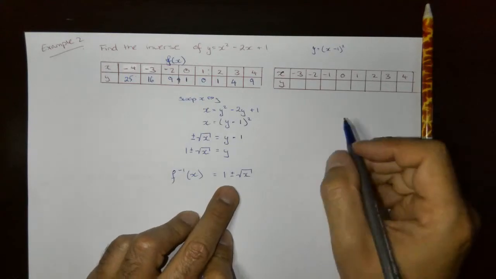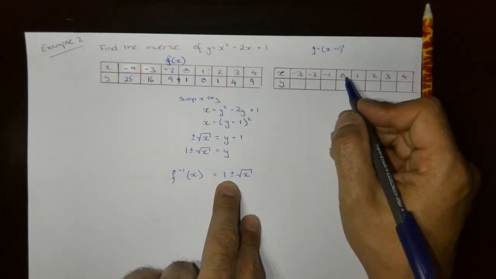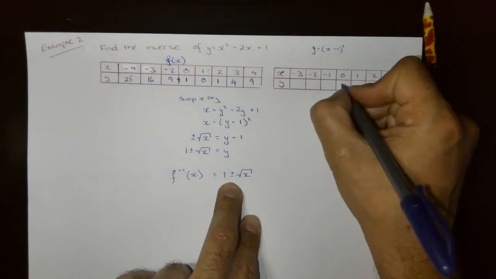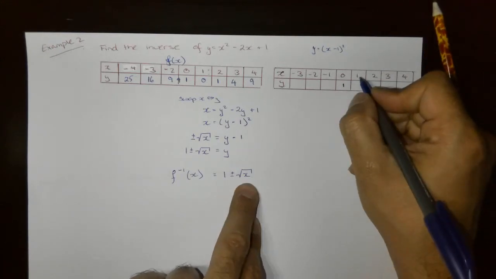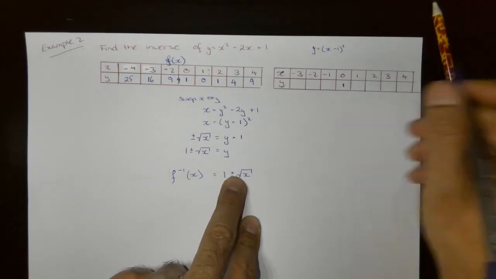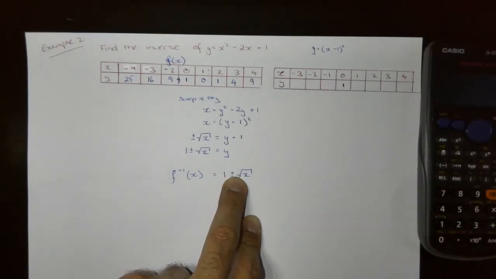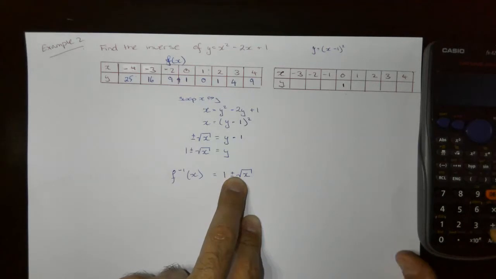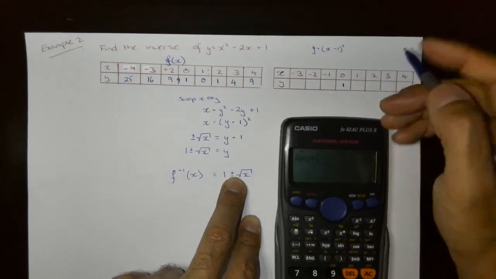Let's do 0. The square root of 0 is 0, so that becomes 1. Let's just use the positive versions. Square root 1 plus 1 is 2.